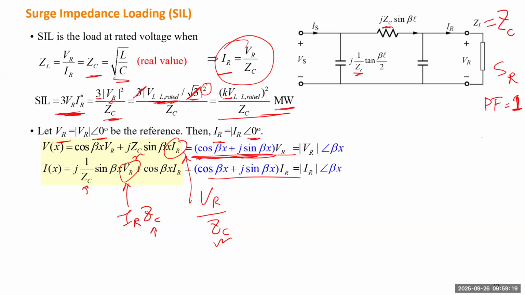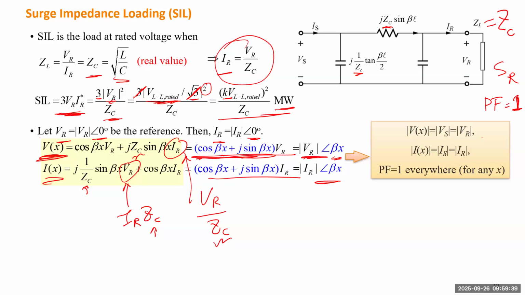So finally, the voltage anywhere along the line will have the same magnitude. The difference is only the angle. By changing x, only the voltage phase angle can vary, but the magnitude will be exactly the same. Current along the entire line will be exactly the same.